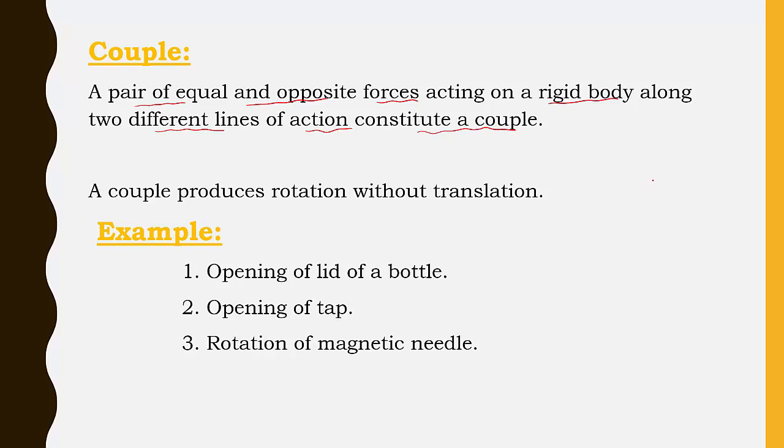You can observe this rigid body, with the point O. On this rigid body, I am going to consider a couple of force. How is the force acting? One force is acting in the opposite direction, in the downward direction. Let us take it as F2. Another force is acting in the upward direction. Let us take it as F1.